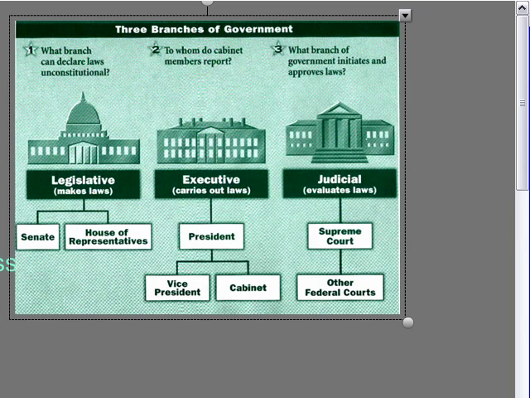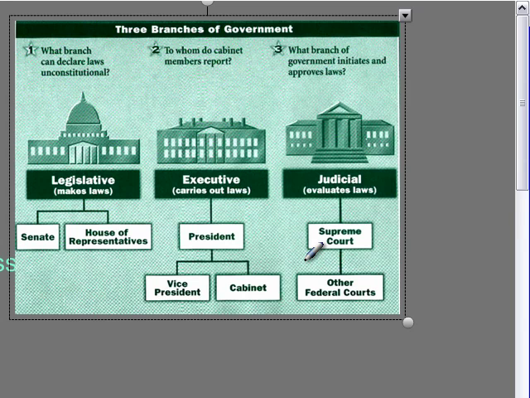What you need to understand about each of these is who is a member of what branch, what each branch is responsible for, and what powers the people in each branch have and don't have. And that's what we're going to be looking at in just a second.